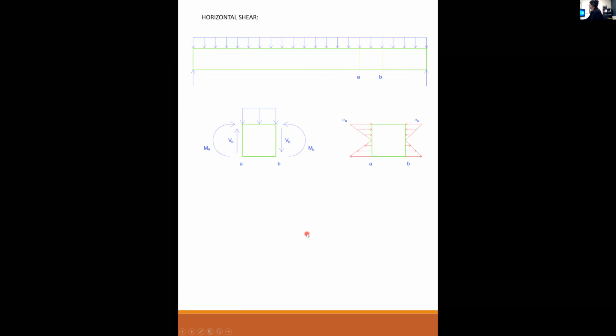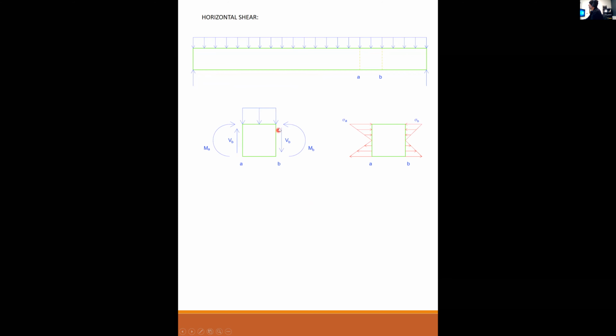Okay, so if I take a simply supported beam with a uniform load applied to that beam, and I look at a little section A to B, then I can pull this A to B element out and take a look at it.